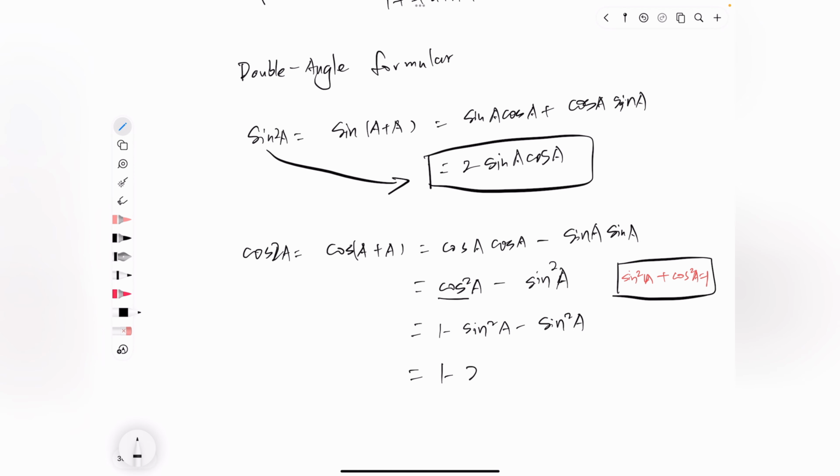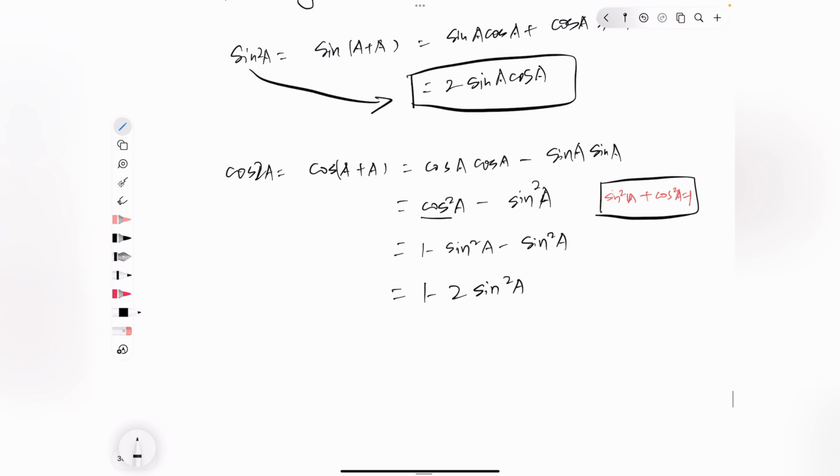So we get 1 minus 2 sine square A. So this is one formula.